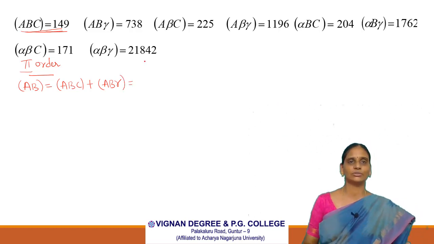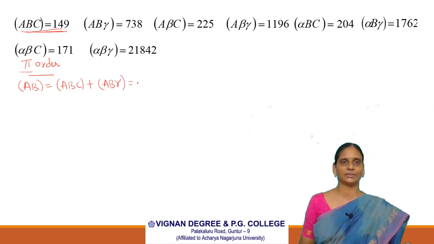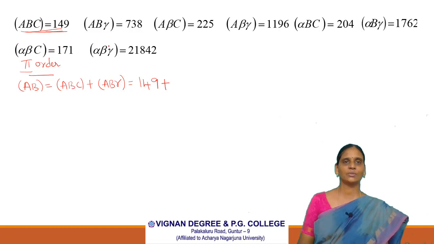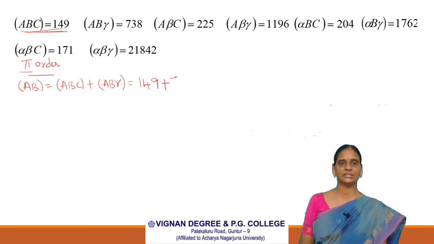The value of frequency of ABC is 149 plus frequency of AB gamma, which is 738. 149 plus 738 is equal to 887.